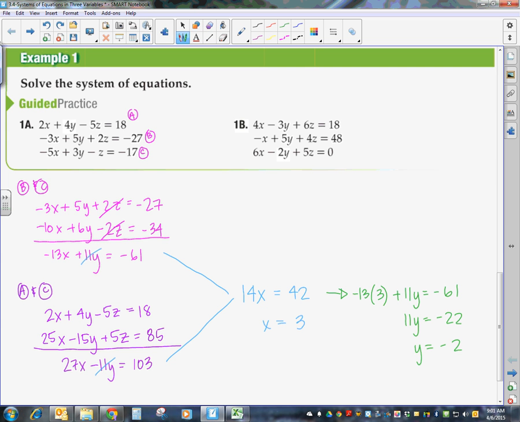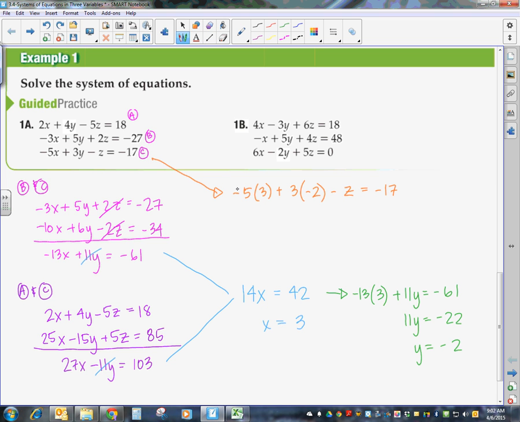And now to finish that up, we need to find out what z is. Pick any one. I'm going to pick the one with a negative, but then I don't have to divide anything at the end. So I'm going to use this one. That gives me negative 5 times my x value plus 3 times my y value minus z equals negative 17.